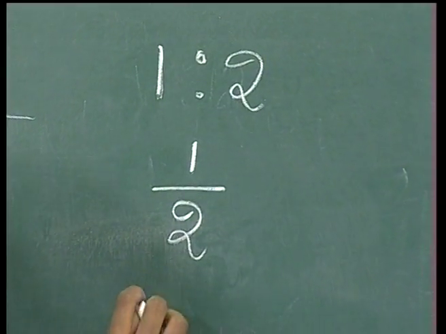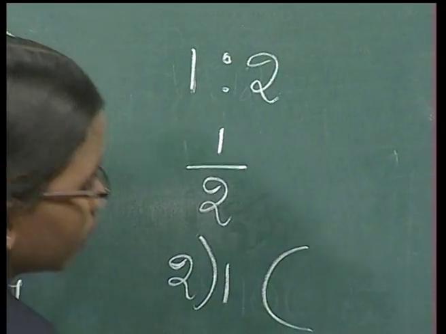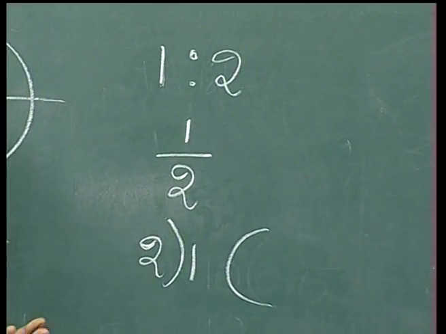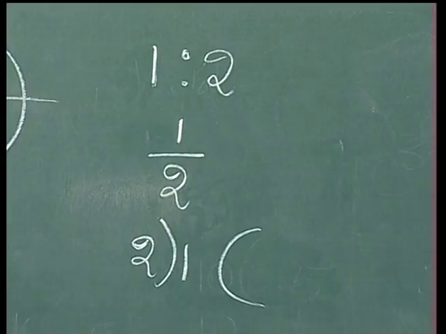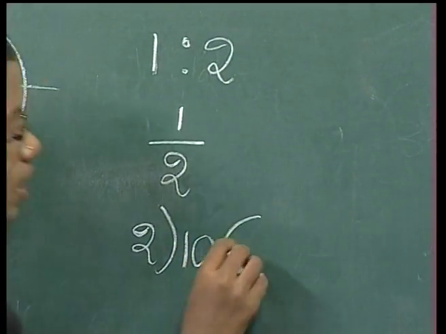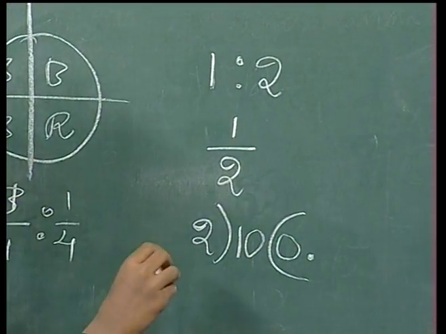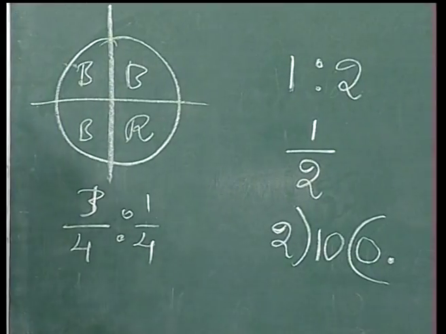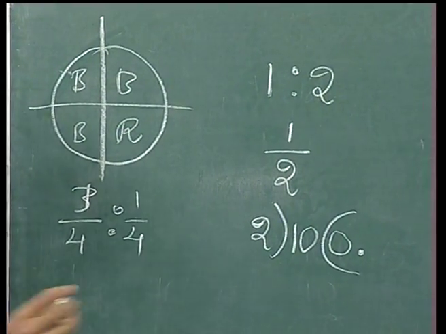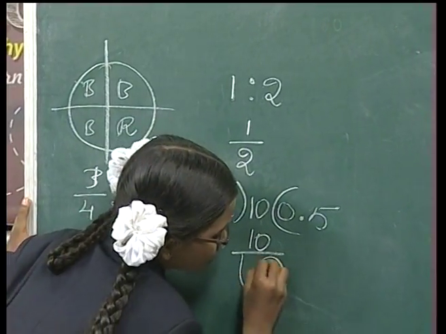Now divide this. 2 divided into 1. Here we can't divide. So here we write 0, it becomes 10, and here also we write 0 and put a point. Friends, how many times? Here 5 times. 2 fives are 10. Here the remainder is 0.